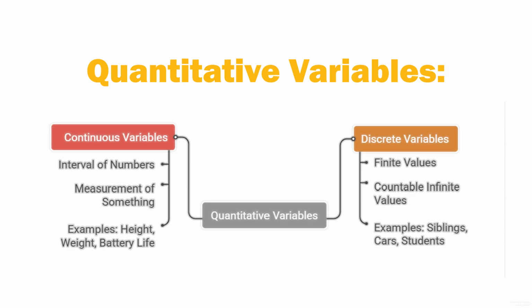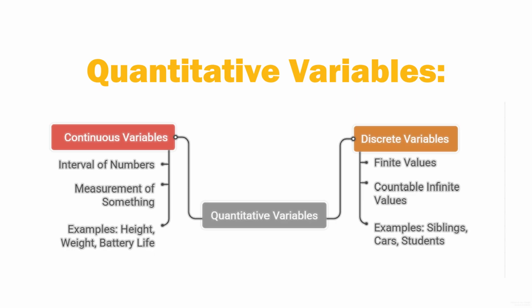So in this graphic that I'm showing here, you can see that on the left-hand side, we have continuous variables. These are an interval of numbers that's something that can be measured. And so examples would be like height, weight, or battery life. When you think about continuous variables, keep in mind that these are the types of variables that can have decimal places. And then we have discrete variables.